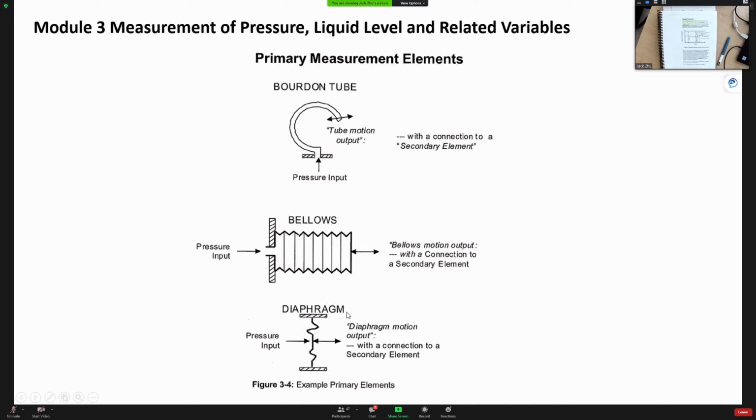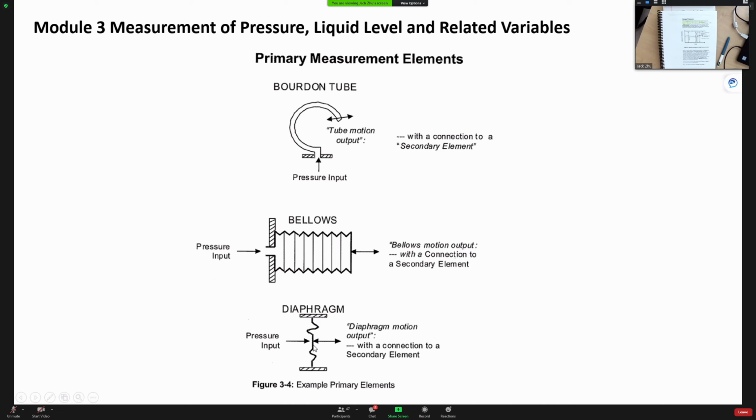Diaphragm can measure a pressure slightly higher than the bellow, but the measurement will also be below the Bourdon tube. They contain one side to wherever the pressure input is. Then they will make that metal, which also looks like the corrugated metal of the bellow, but they are much stronger.